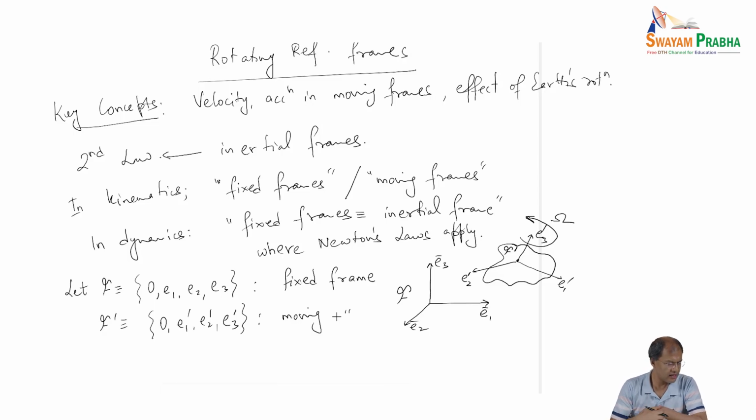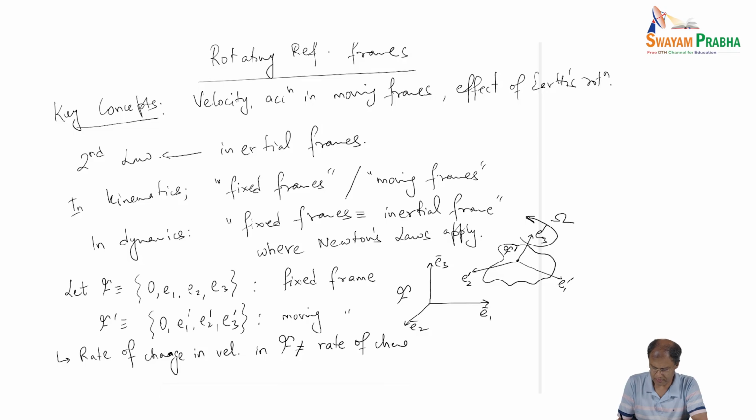We are going to see that the rate of change of the velocity measured in the fixed frame is not equal to that in the moving frame. So this is typically the case: the rate of change in velocity in F is not equal to the rate of change in F prime. Now let us start using some mathematical notation.